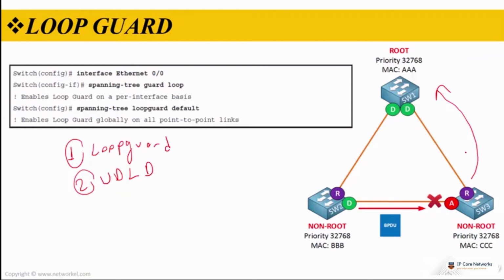LoopGuard takes effect when no BPDUs are received on non-designated ports, takes the port to STP loop-inconsistent mode, and blocks traffic on that segment.